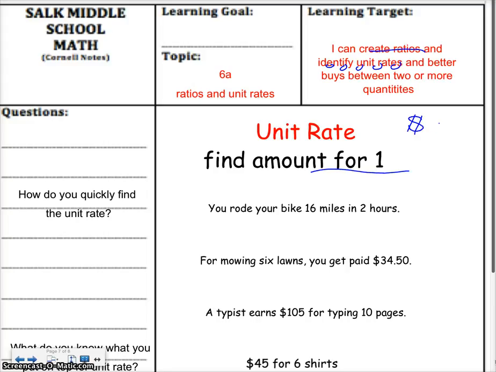Money is on top. It will always be on top. When you think about you bought 5 shirts for $32, you want to know how much for one shirt. It's money is to shirt. Or money is to something. Money is always on top. Okay? So it will always be money over something.